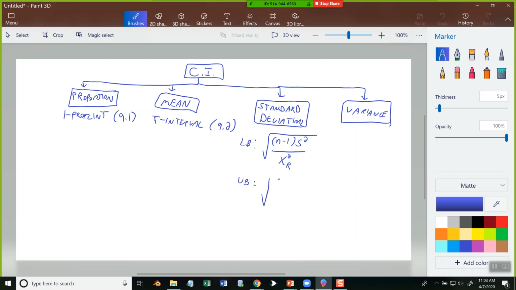Our upper bound was n minus 1 times s squared divided by our left chi-square. And lower bound here was n minus 1 times s squared divided by my right chi-square. And our upper bound was n minus 1 s squared divided by my left chi-square.